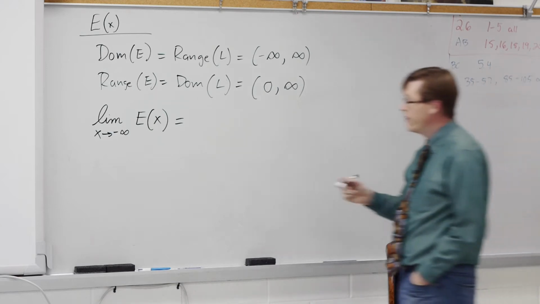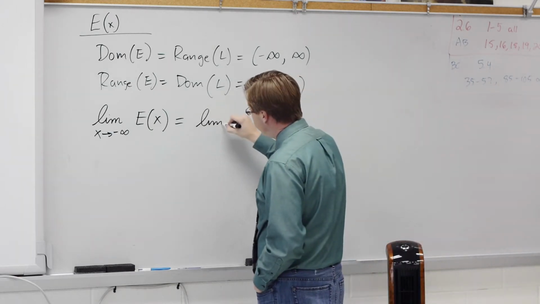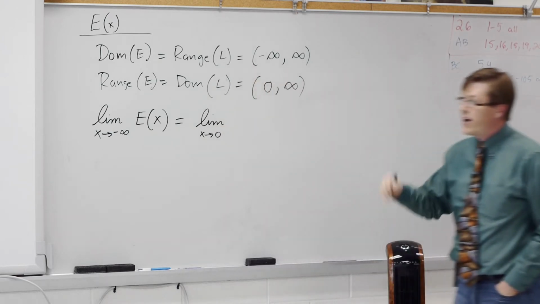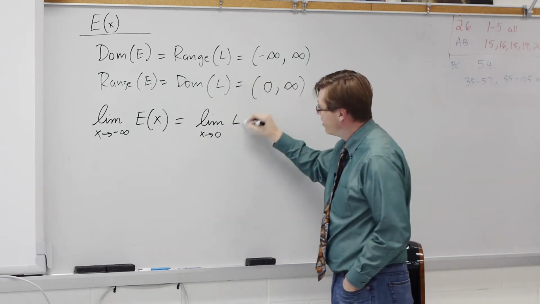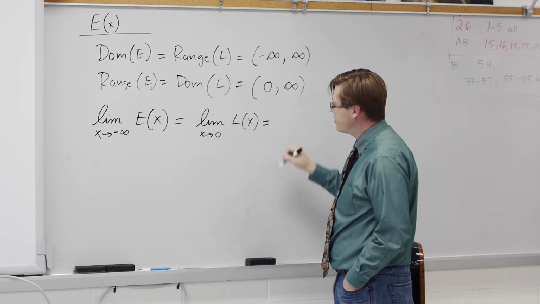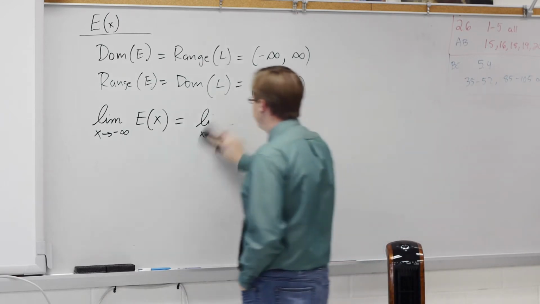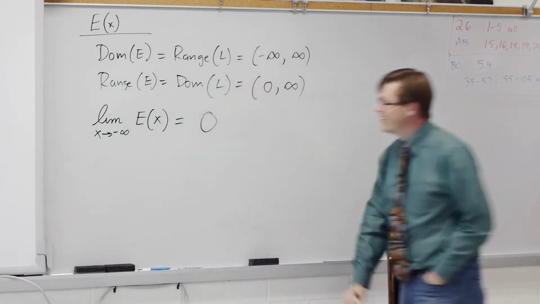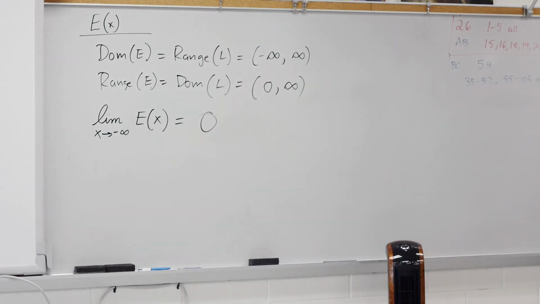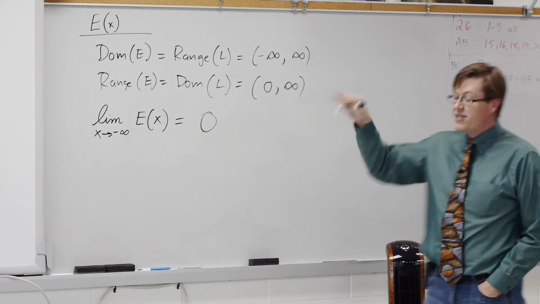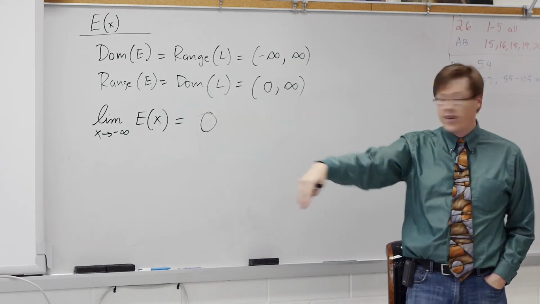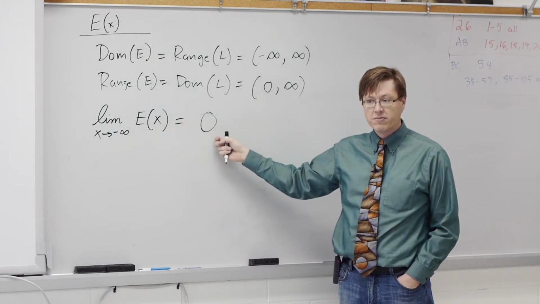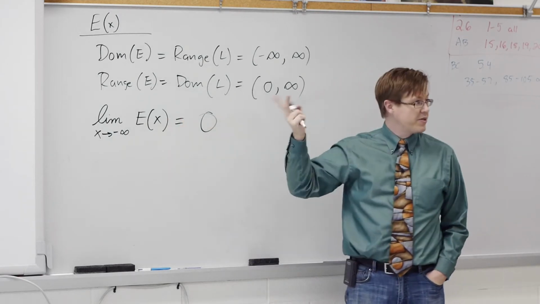It goes to 0. Because as L goes to 0, x goes to negative infinity. So over here, as x goes to negative infinity, E goes to 0. So it just flip-flops.